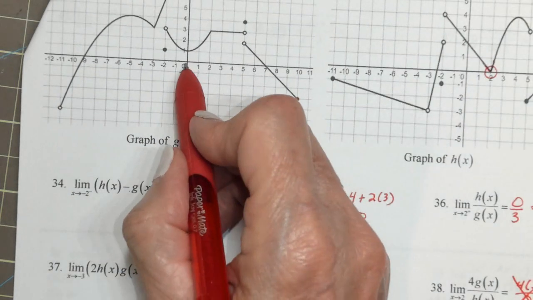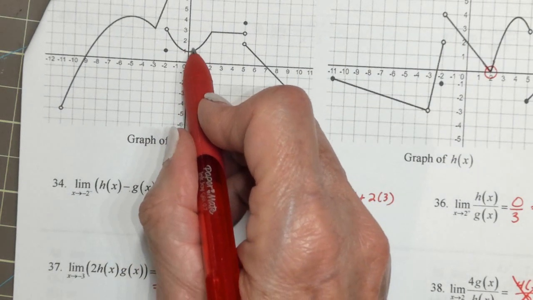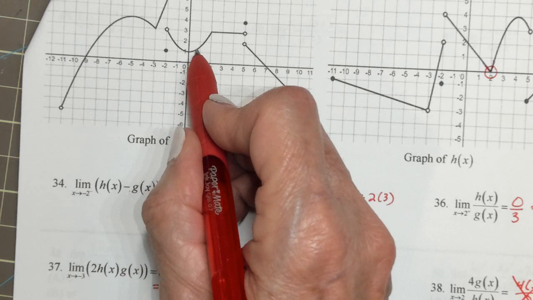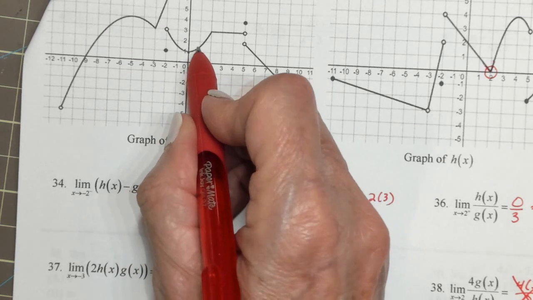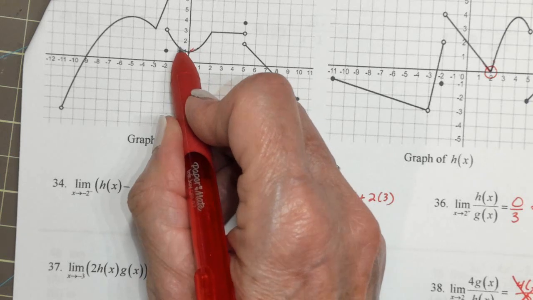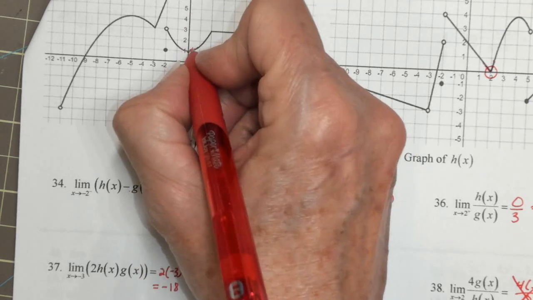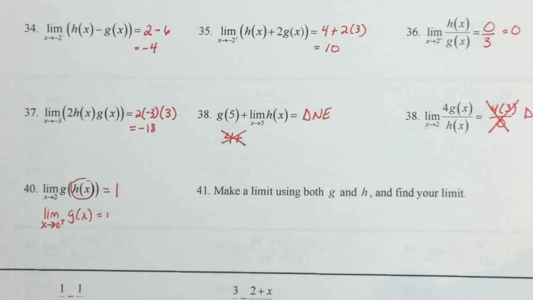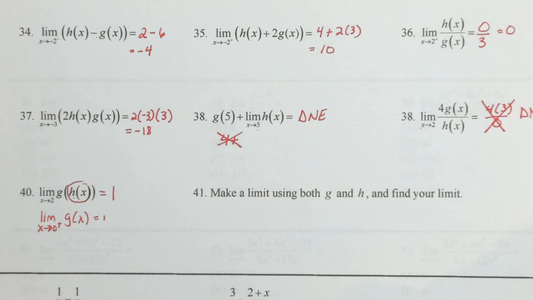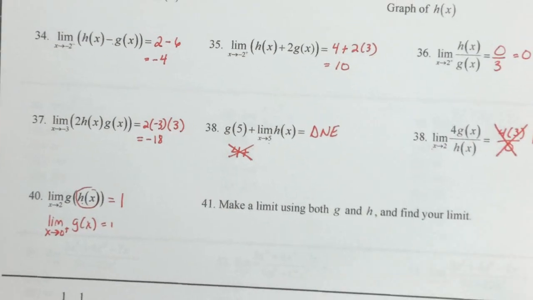And as x approaches 0, it's always 1 whether we approach it from above or below. But we really are only looking at from above right here. Either way, that's equal to 1, so this is 1. Make a limit using both g and h, and then find your limit. I'm going to let you guys do that one.